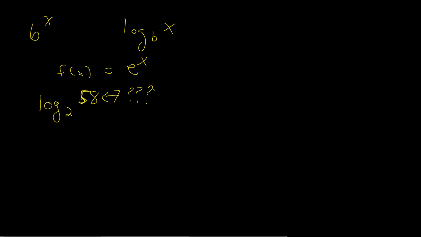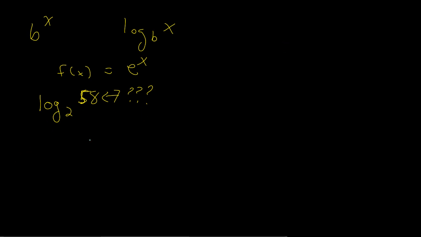Now, some of the more expensive models and some of the computer software, you're able to specify the base, but most computer software will use the natural log exclusively, and you might have to do some different keystrokes to get the common log. So how do we trick the calculator?